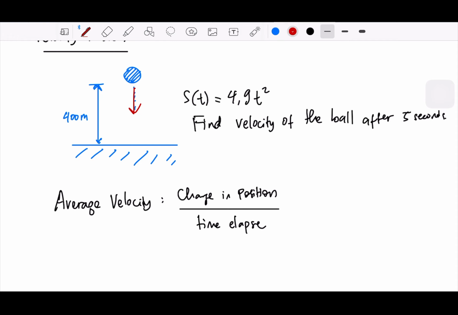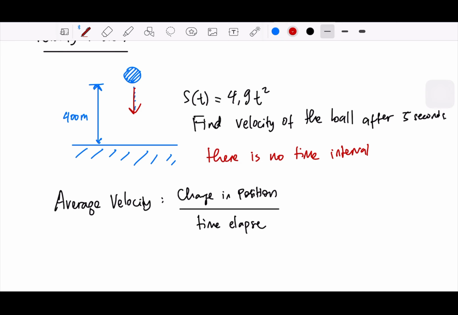So there is a problem in this question, which is there is no time interval, because we don't know the conditions. Let's say it's 5 seconds, but 5 seconds from what?